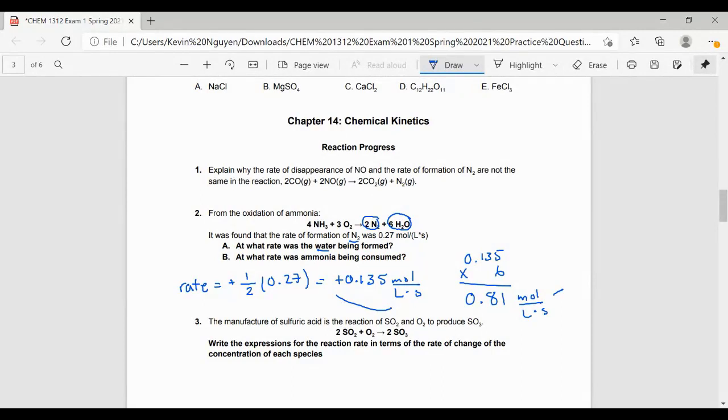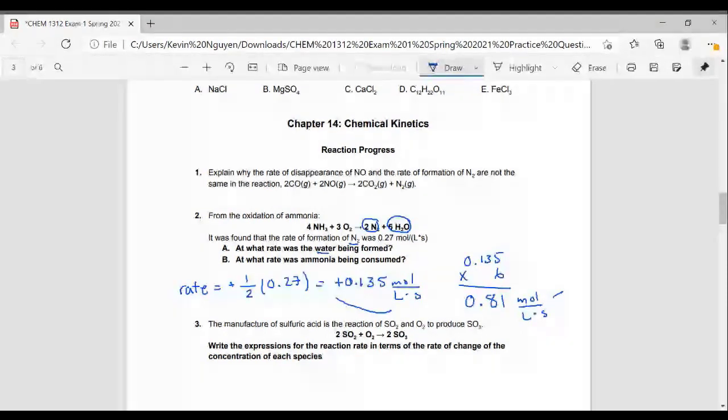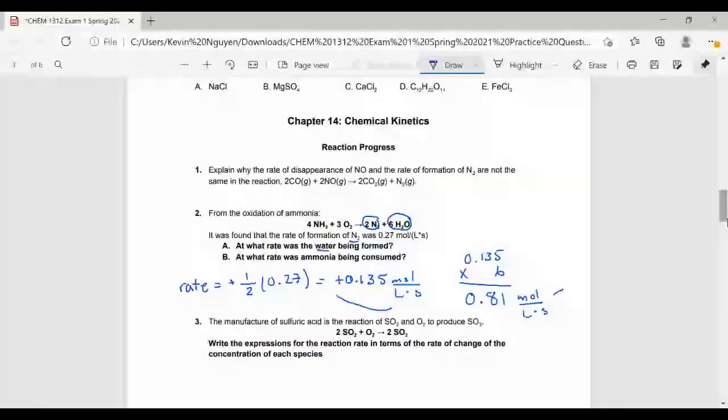Did you guys understand how I got that number, 0.81? Okay, it looks like you guys understood. It's going to be very similar for the rate of ammonia being consumed. You're going to do 0.135 times 4, and then you should get 0.54. All right, awesome. Okay, moving on to 3.